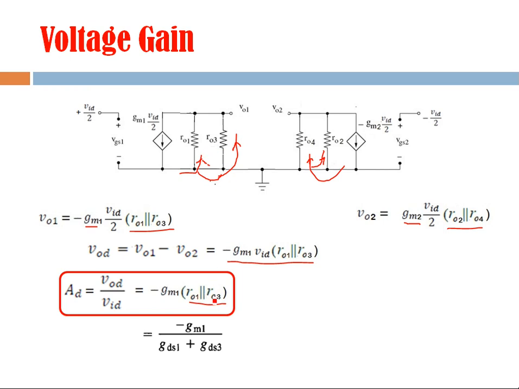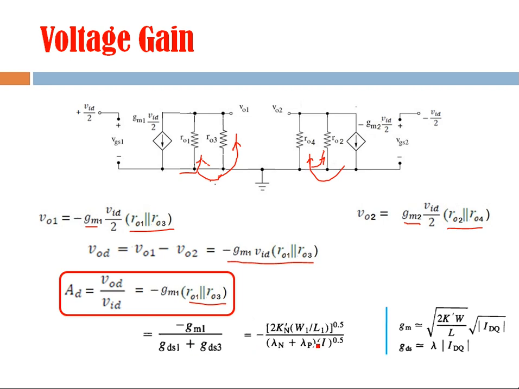So the inverse of the net conductance is written here, that will be 1 by GDS1 plus GDS3, right? And you know that GM is given by this equation and drain source conductance is given by this equation. So if you put the values of GM and GDS from here to here, you will get this one. So this is the equation of voltage gain in case of a current source as a load.